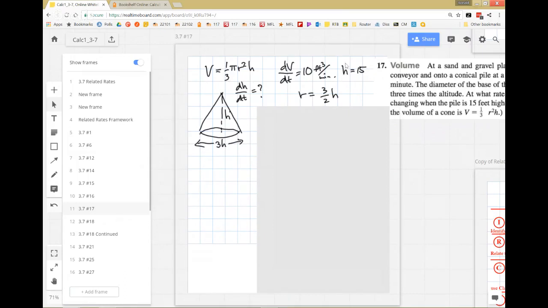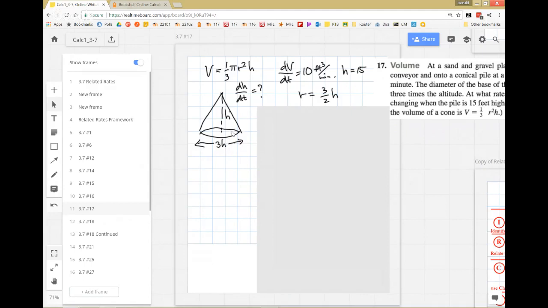We are given the height of the thing is 15. And then let's take a look at this little sketch. In the sketch, I am depicting the height of the cone. And we were told that the diameter of the base is 3 times the height. So I'm just calling the diameter 3 times h, 3 times the height.